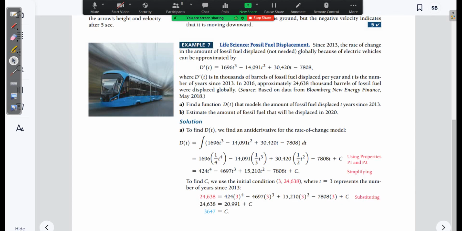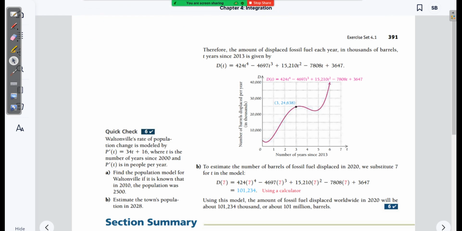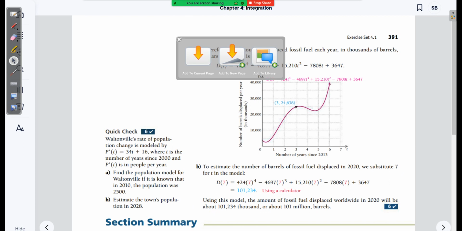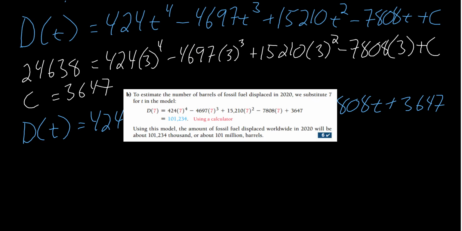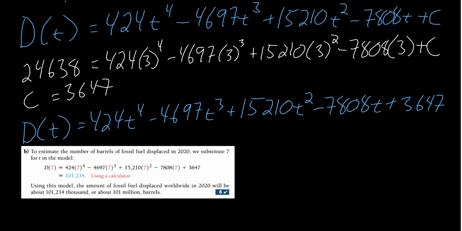And I'm going to cheat one more time here and put part b down here by itself. Again, all we're doing is putting 7 in for t, and so we end up with 101,234. And again, that's in thousands of barrels, and 1,000 thousand is a million, so 101 million barrels were displaced.